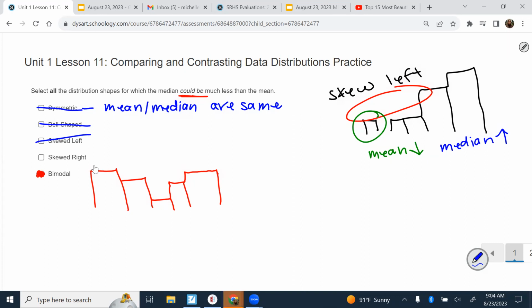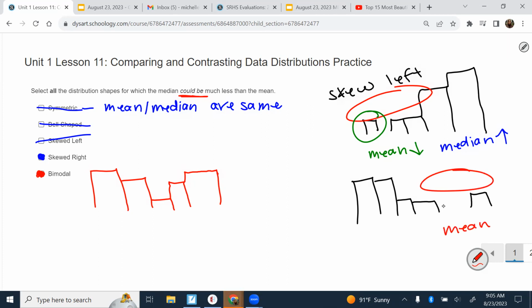And then in that case, could we pick skewed right? Yes. And then it would be flipped. It would be more of the data is on the left side, something like this. If I have an outlier, that would probably make it skewed right, because there's probably an outlier that pulls the mean higher, even though my data is mostly on the lower end of the spectrum.